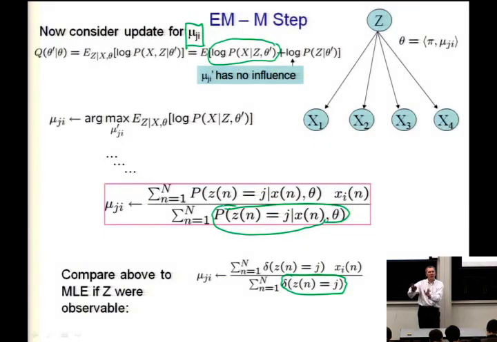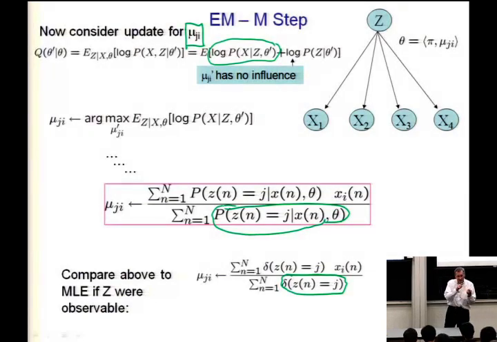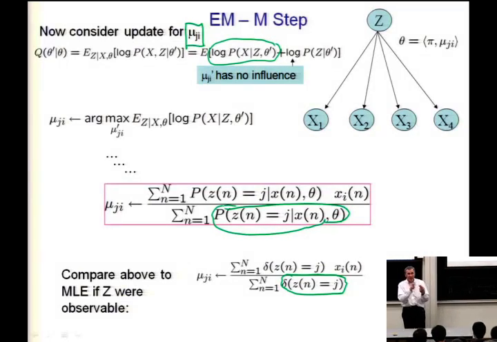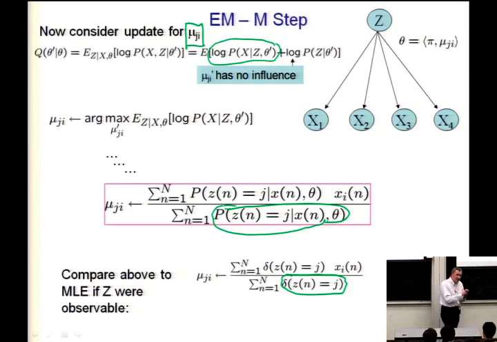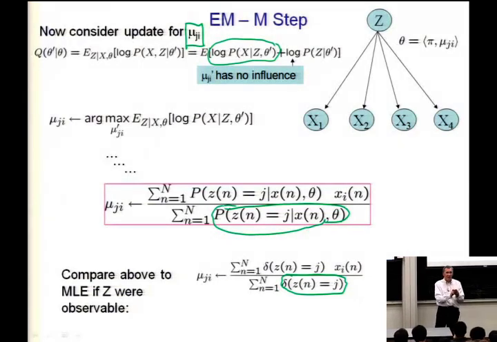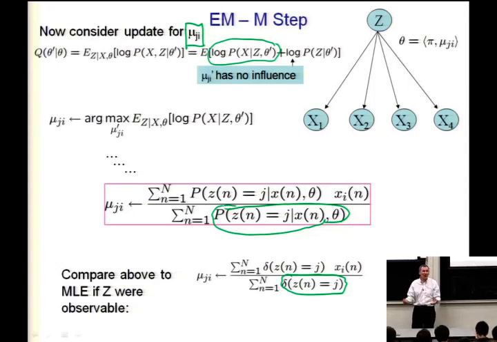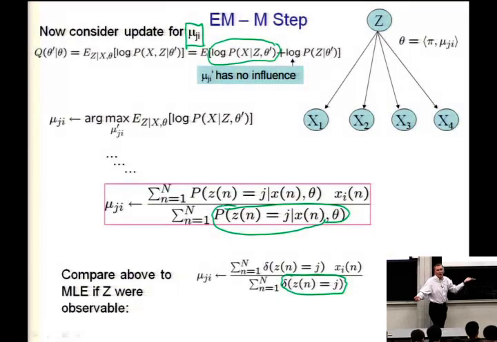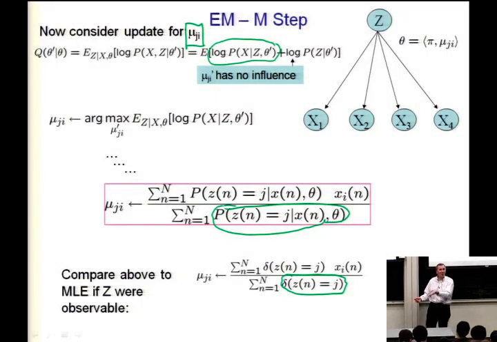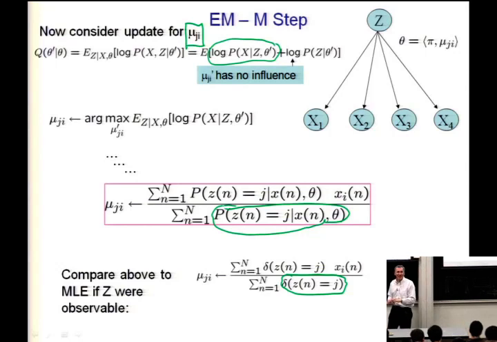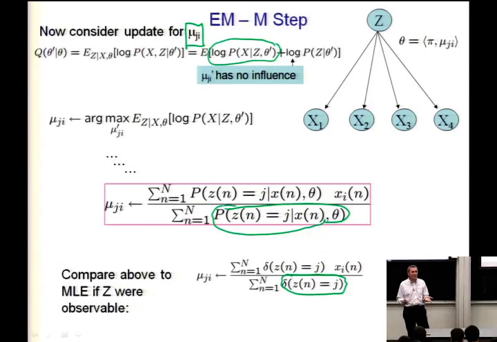And that's not because we thought it would be a nice idea to do it that way. That's because if we go back to basics and say we want a rule that gives us the parameter estimates that maximize the expected log full data likelihood, then we derive what that would be, and we get this. So it's not some heuristic that we made up. It's actually what you must do if you want to maximize the log full data likelihood.